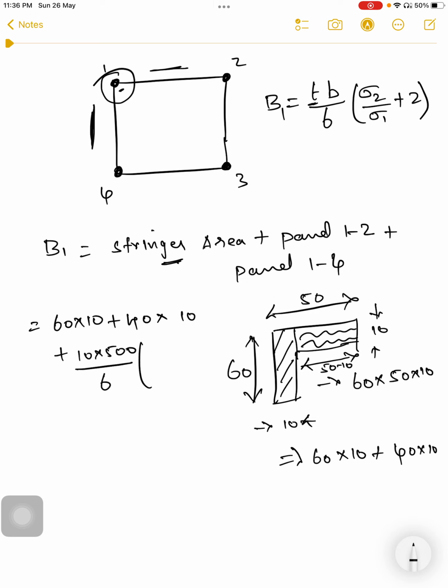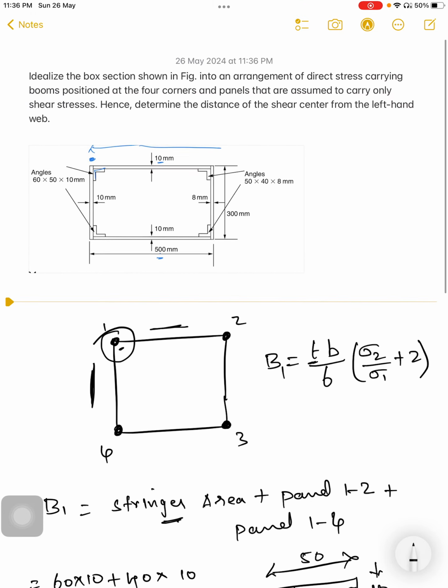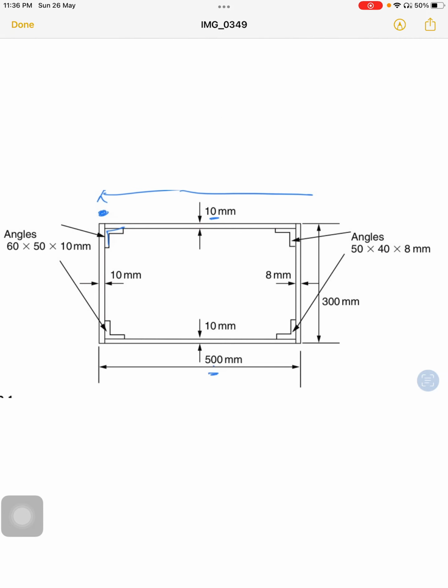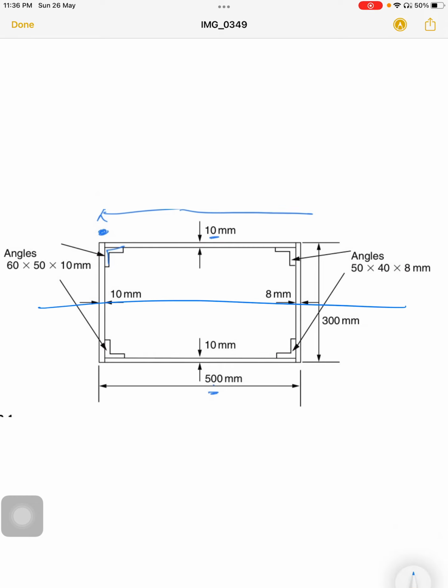Now sigma 2 and sigma 1 are directly proportional to the distance from the centroid. It is a symmetrical section, so the centroid will be at the middle. So the distance is 150.